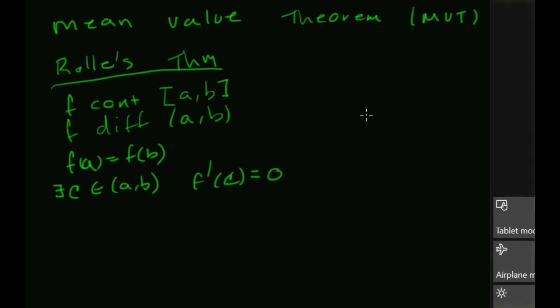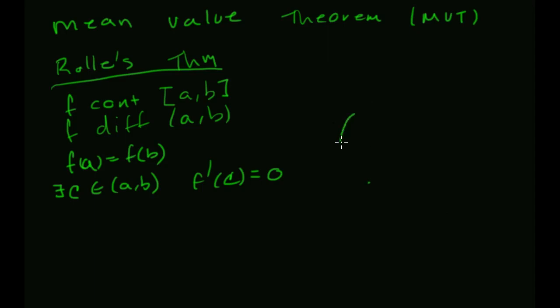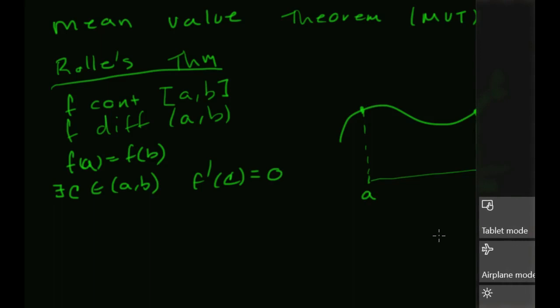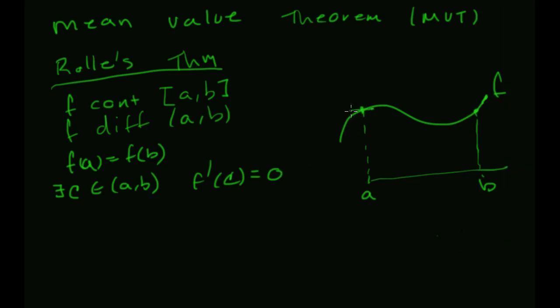Okay, so what are we saying here? I have some sort of function, let's call it f. So here is my function f, and if I size up the right points here, I have a closed interval starting at A and ending at B, where f of A and f of B are equal. So these are at roughly the same height.